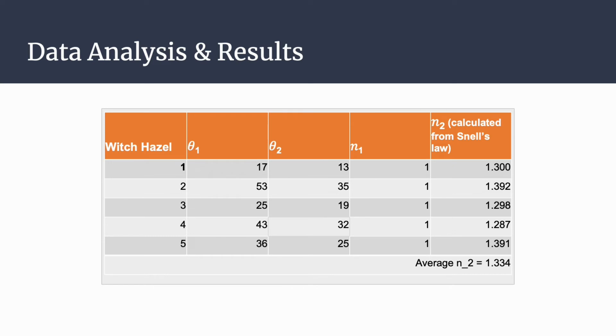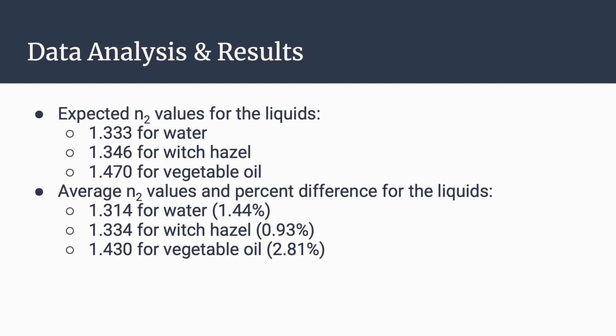We ran 5 measurements for each liquid and thus calculated 5 indices of refraction for each liquid. We averaged these 5 indices to find an average index of refraction for each liquid, which we used to compare to the expected index of refraction for the liquids.